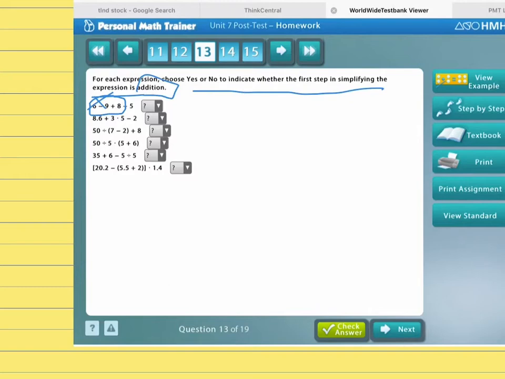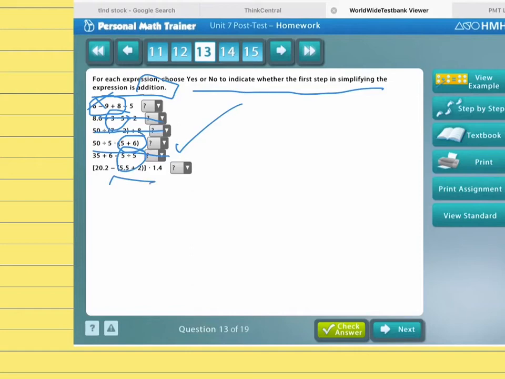This one is not, because 3 times 5 would be first. This one is not. It is subtraction. You do parentheses first, but that's subtraction. This one is first because you do parentheses. So addition is the first, so yes on that one. This one, no, because that's division. That comes first. And this one, no. Let's see, hold on.